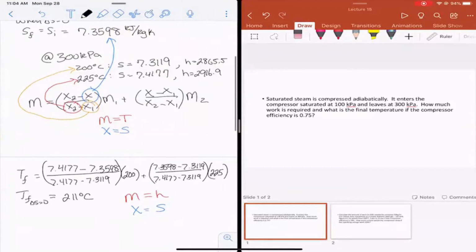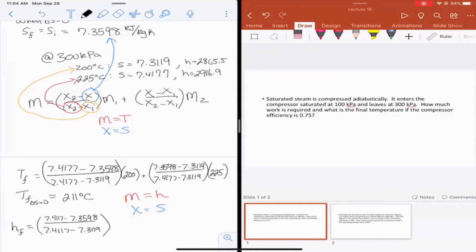So the enthalpy of the final state is equal to the same things in parentheses, because the x values didn't change: 7.4177 minus 7.3598 divided by 7.4177 minus 7.3119.